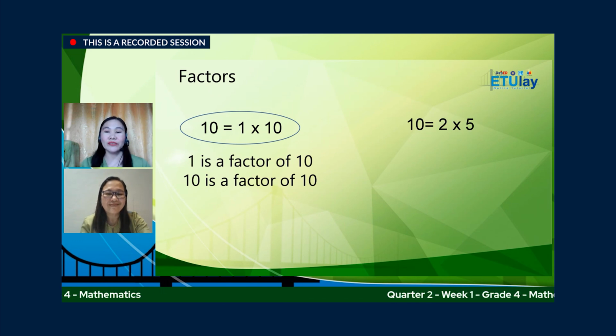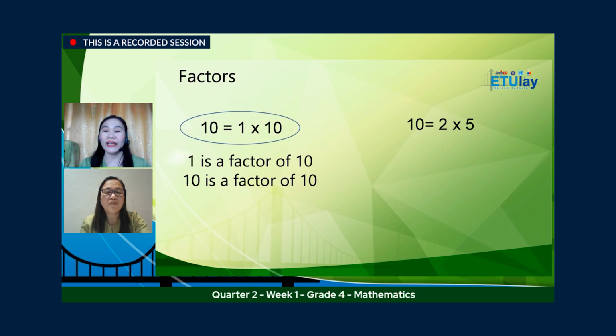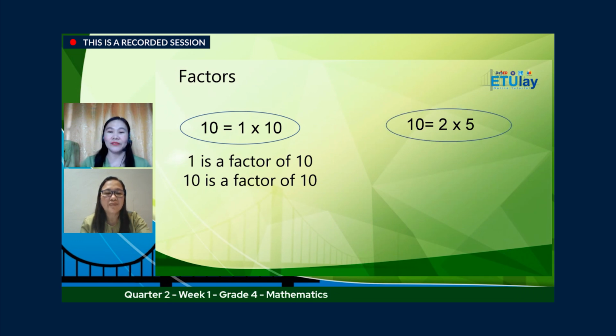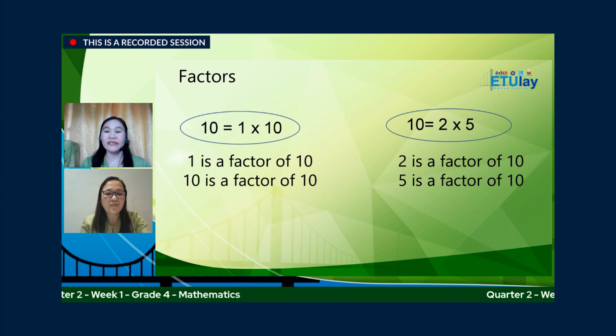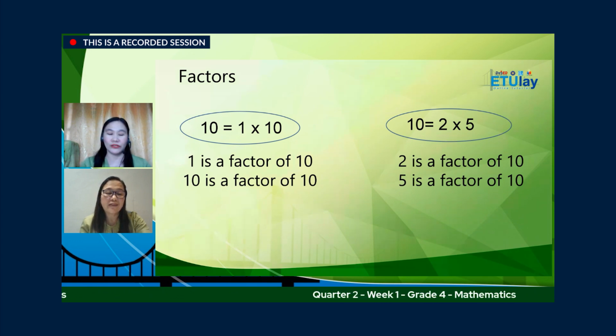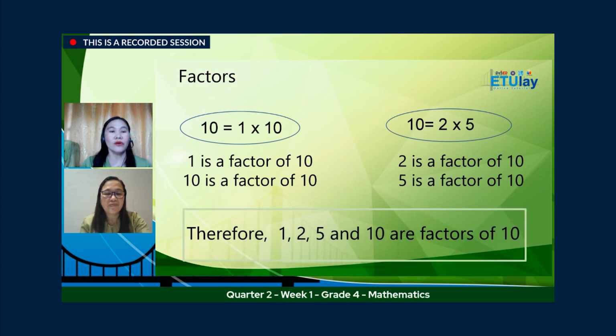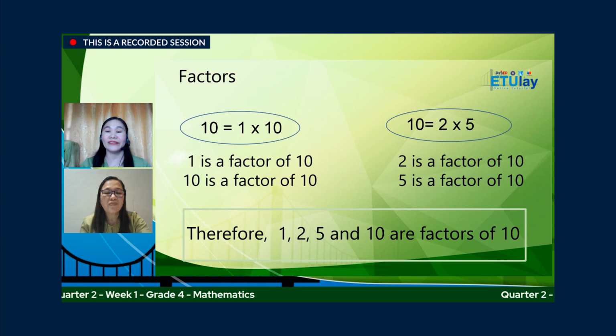Another number sentence: 10 is the product of 2 times 5. So 2 is a factor of 10 and 5 is a factor of 10 also. Therefore, 1, 2, 5, and 10 are factors of 10.